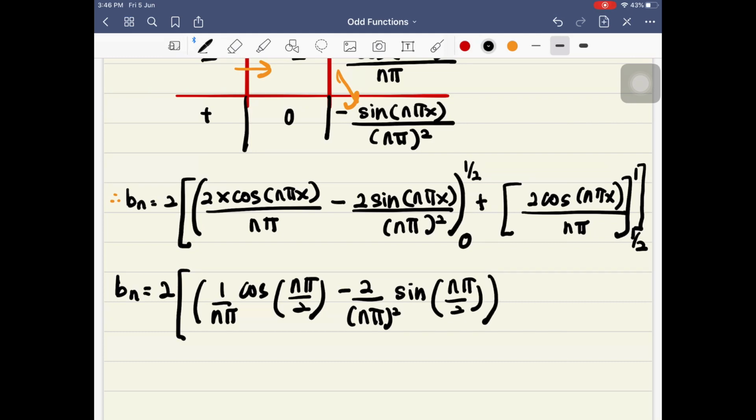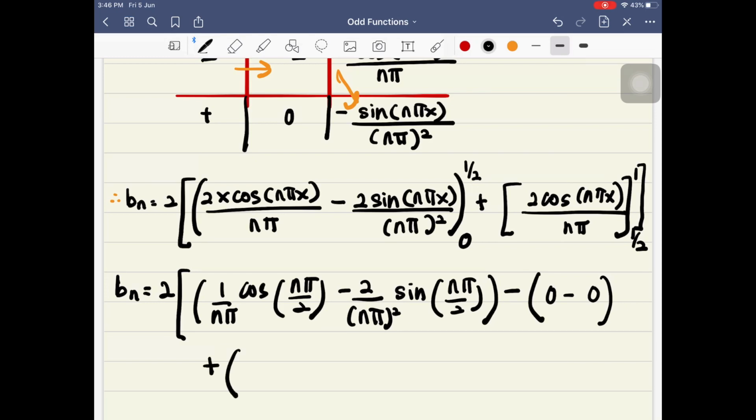This is the upper limit minus the lower limit. Now we substitute x is equals to 0 into here, then you will have 0, and this one into here, so you will have 0 minus 0. Why? Because sine 0 is equals to 0. So the whole thing becomes 0.